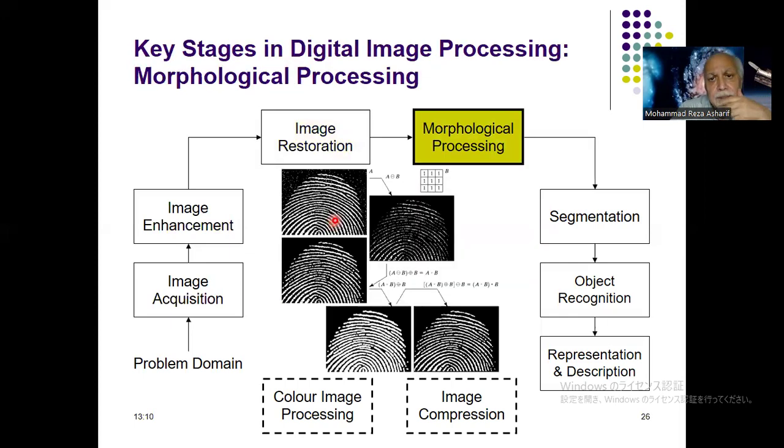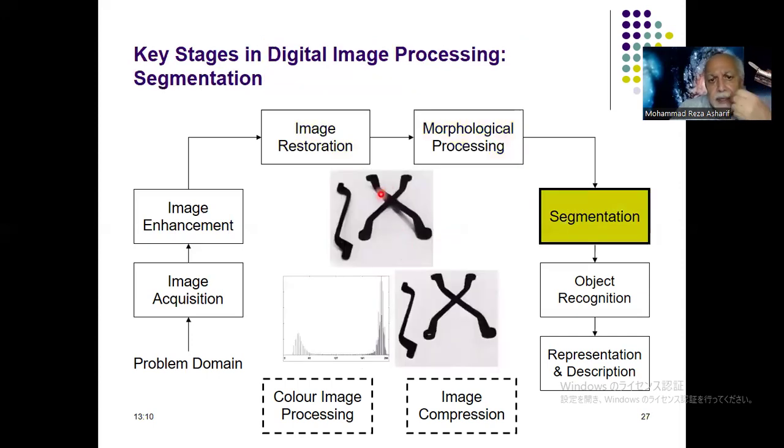For morphology, it works on two levels, 0 and 1, black and white, and then by more difficult mathematical, logical, I mean Boolean algebra, you can do morphological processing. For instance, for a fingerprint with broken lines here, you can recover a better fingerprint. Segmentation, for instance, an instrument like this. This is a histogram.